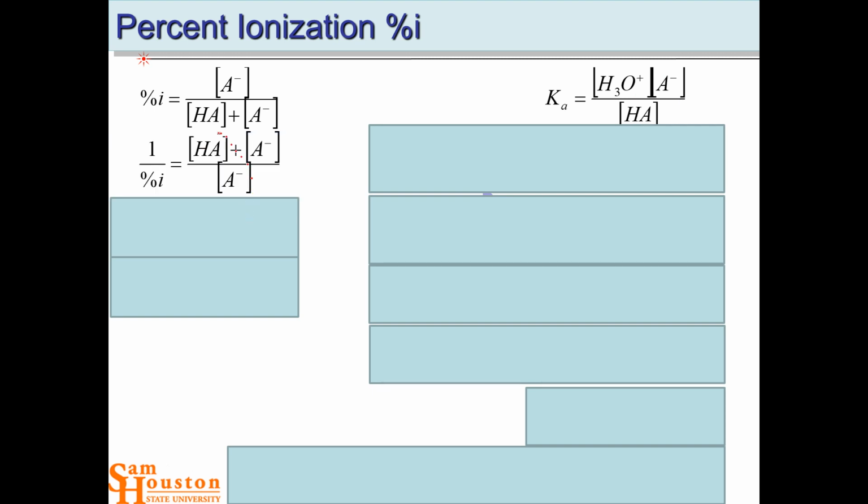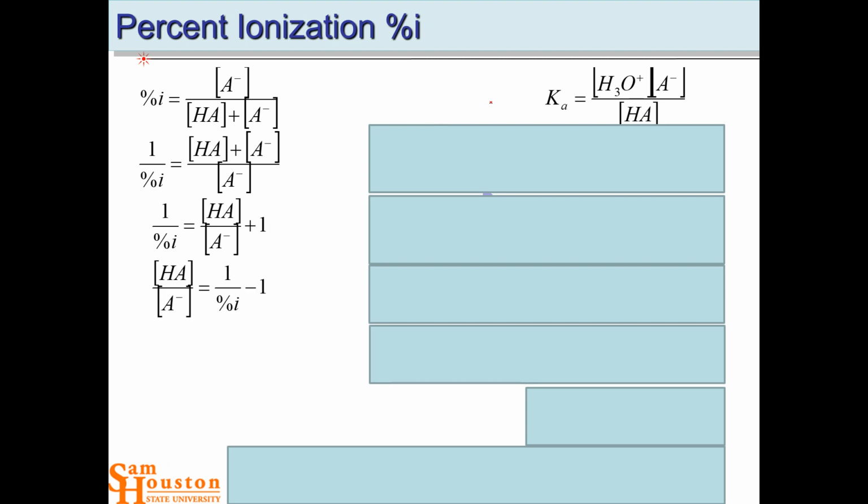Let's flip this over. And now that I have this species in the denominator, I can split it apart. And I can have HA over A minus and A minus over A minus, which is 1. And so this is nice. I've got just this piece right here. So let me solve for this piece so I can stick it into my Ka equation. So HA over A minus is 1 over the percent ionization minus 1.